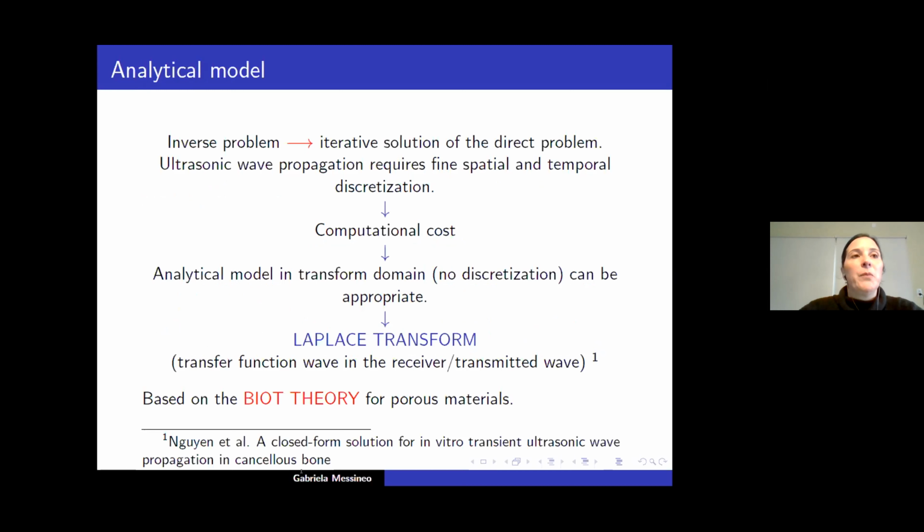As we know, an inverse problem requires the iterative solution of the direct problem, and in classic models, such as finite element or finite difference, the problem of our concern, where an ultrasonic wave propagates through a material, implies not only fine spatial discretization, but also fine temporal discretization.